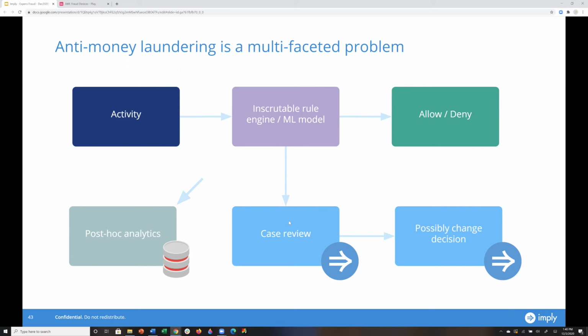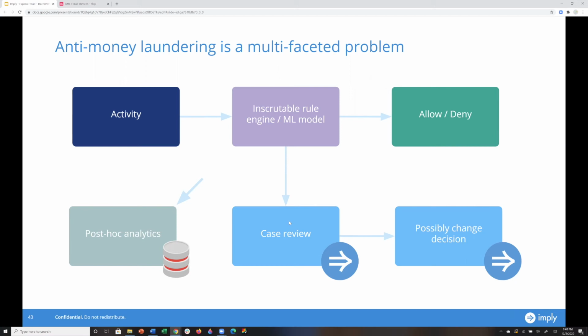And so based on what the analyst had found out, they could change that decision, as you can see from the UI earlier from Scott's demo, where you can actually change a false positive into a true anomalous transaction.